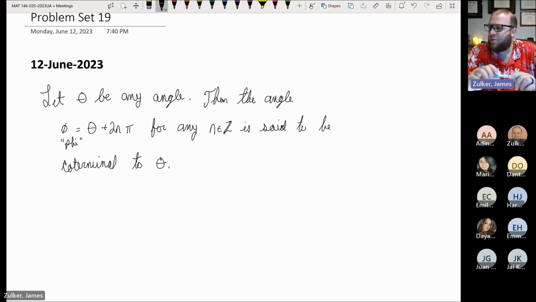So coterminal angles are angles that are essentially just a multiple of revolutions, either counterclockwise or clockwise.